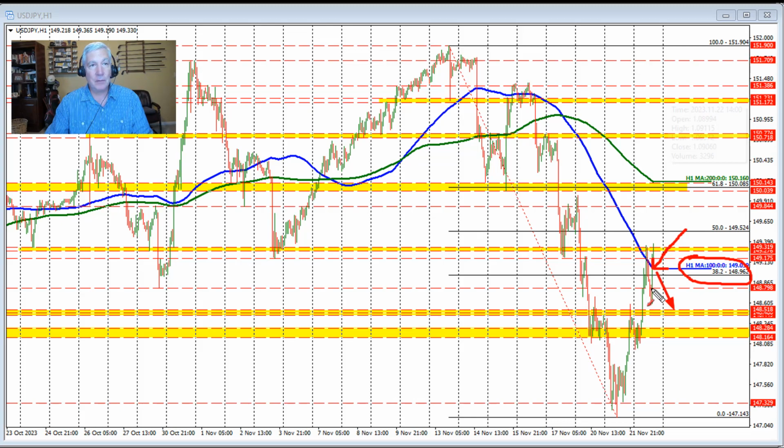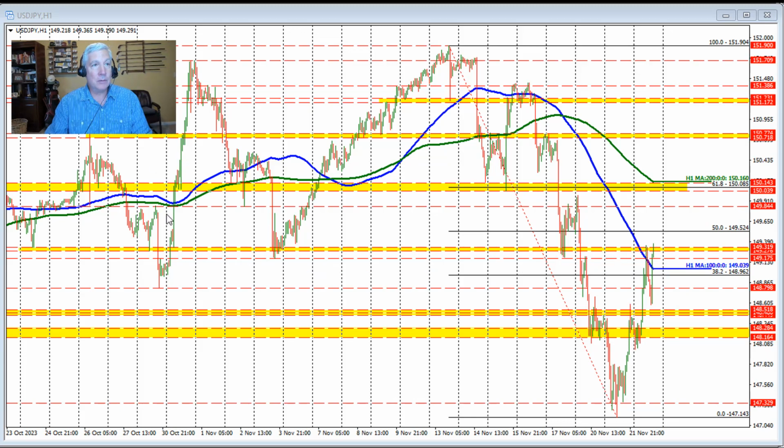Especially after the failed break here. We're trying to break above it for the second time. If it fails above that level, we should see the shift in momentum back to the downside. On the top side, the 50% retracement becomes the next target at 149.53. Get above that level, and the buyers are taking more control.